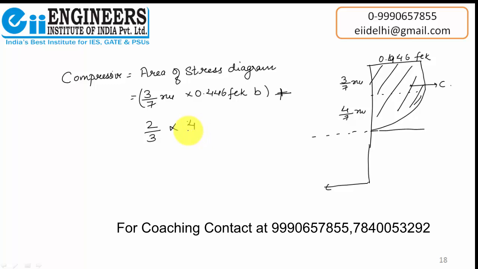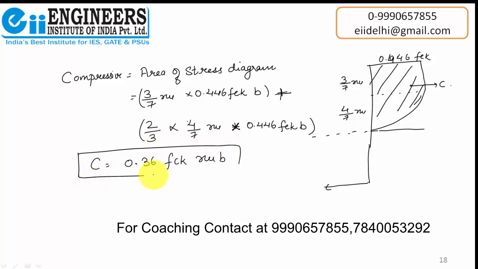That is 2/3 into 4/7 of XU into 0.446 times FCK into B. So, if we solve these values, what we get is 0.36 FCK XU into B. This is the compressive force value that we get.